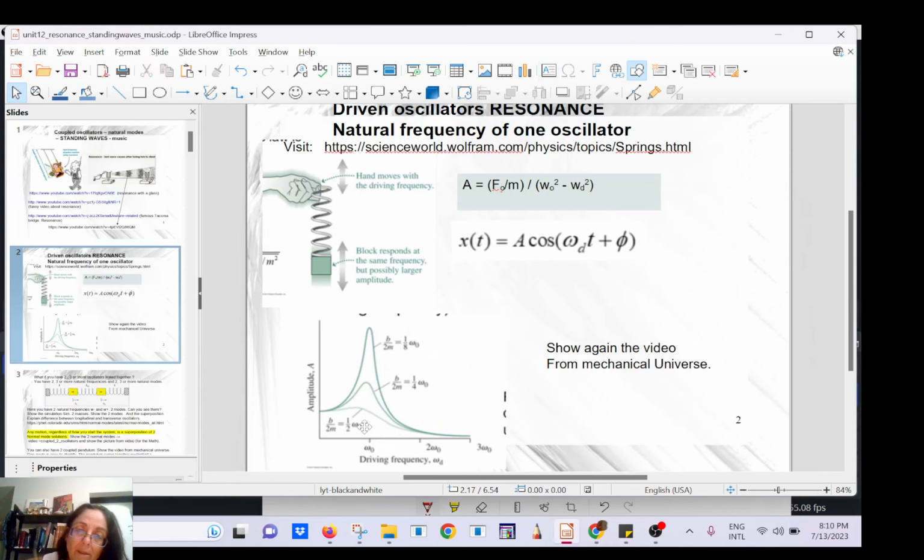If you shake that oscillator close to that frequency, you get a very, very large amplitude if you don't have too much damping. How narrow that graph is depends on the damping. If you have a lot of damping, you're not going to have a lot of amplitude. So for a small input, you can get a very large output if the frequency forced on that oscillator is close to the natural frequency.